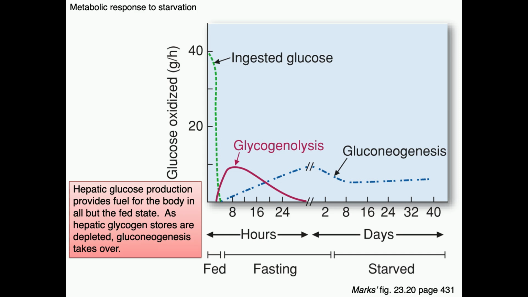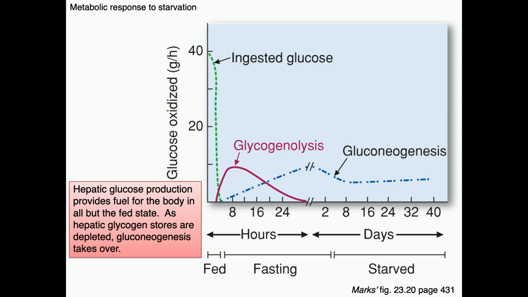So in the fasted state and the starved state, the glucose in our blood is coming from hepatic glucose output, or from liver sources of glucose. We talked about glycogen metabolism and the role of glycogenolysis in the fasted state on Friday. So the first source of hepatic glucose is going to be from the glycogen stores in the liver.